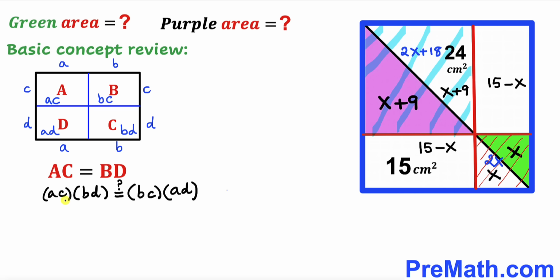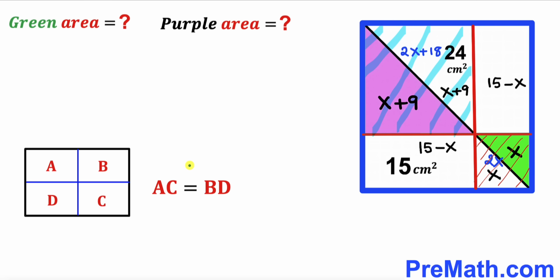If we multiply and rearrange, we can write a times b times c times d, and this question mark equals, on the right hand side, this could also be written as a times b times c times d. And here we can see, since the left hand side equals the right hand side, this is indeed a valid statement.